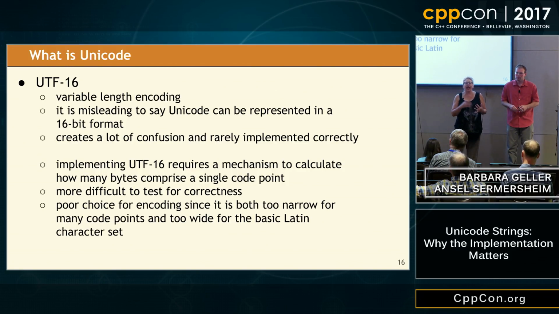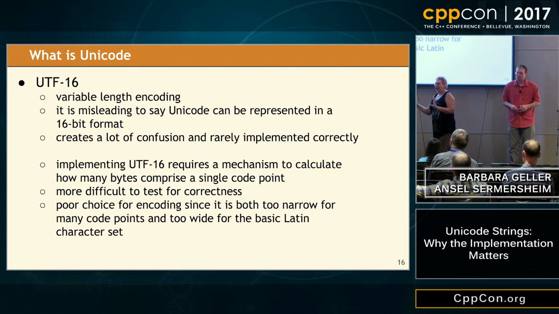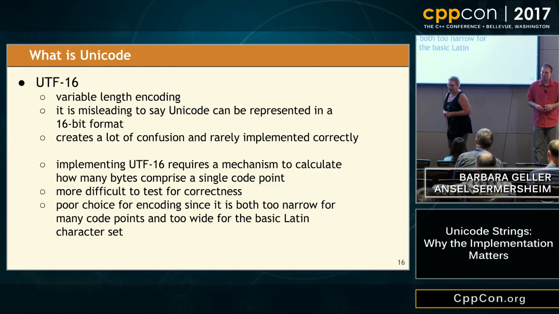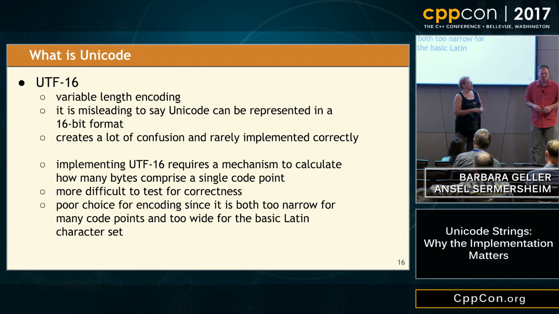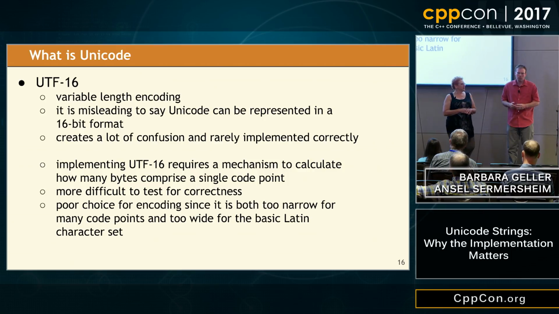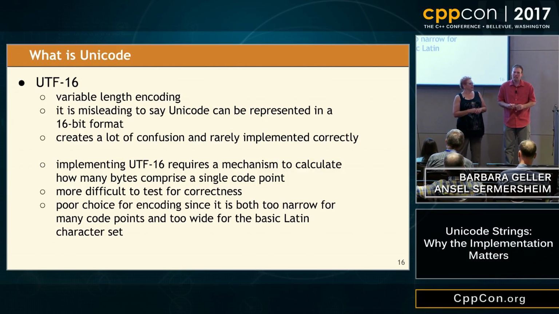And UTF-8 and UTF-16 are variable, as we've shown that it can be 1, 2, or 3 bytes, or you could go up to 4 in UTF-8. There was a time that UTF-8 went up to 5 and 6, but that was disallowed in 2003 by the Unicode Consortium. The real downside to UTF-16 is that it gives you a false sense of security.